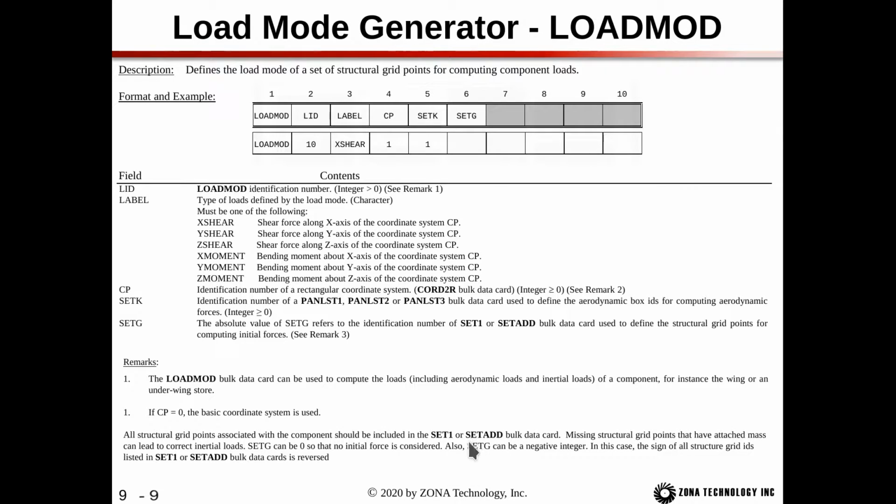So this way you can avoid having 2 different set 1 cards, one for the right hand side, one for the left hand side. You can just reuse the same set 1 card that defines the grids on the right hand side, and then use the negative integer in the LOADMOD card to switch over to the left hand side grids. So that's kind of a nice convenience.